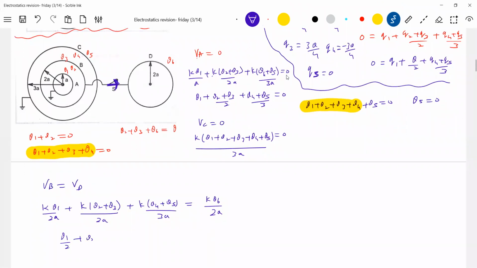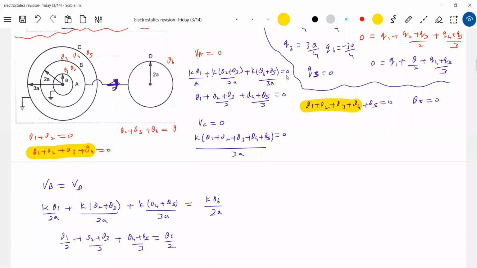Q1 by 2. So many unknowns are there. Can we solve this? You can do one thing. I think we'll take help of this one: Q2 plus Q3 by 2, Q4 plus Q5 by 3.